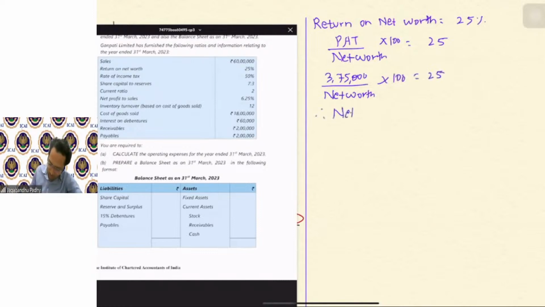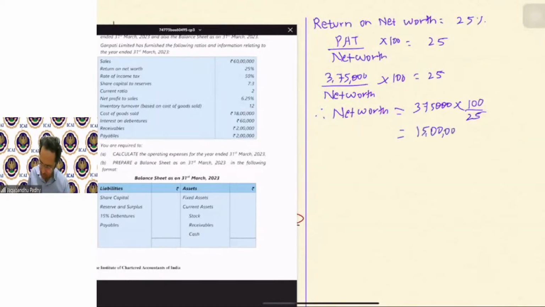So what will be the amount of net worth, guys? Net worth will be 3,75,000 into 100 divided by 25, which is 15 lakhs.